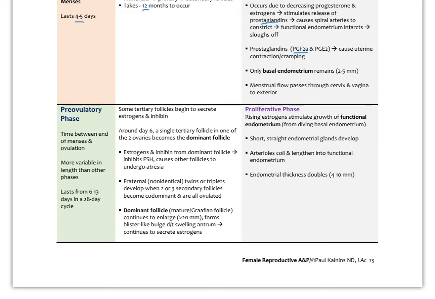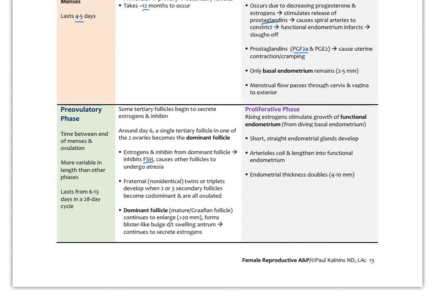Around day 6 of the pre-ovulatory phase, a single tertiary follicle in one of the two ovaries becomes the dominant follicle. The estrogens and inhibin secreted by that dominant follicle are going to inhibit FSH further, and cause other follicles to undergo atresia.